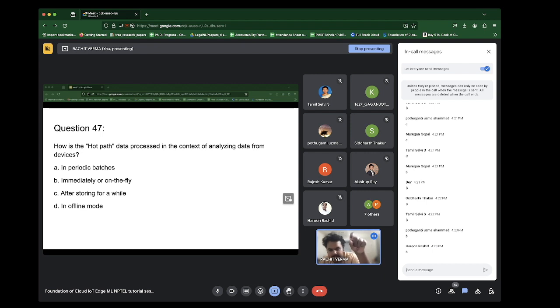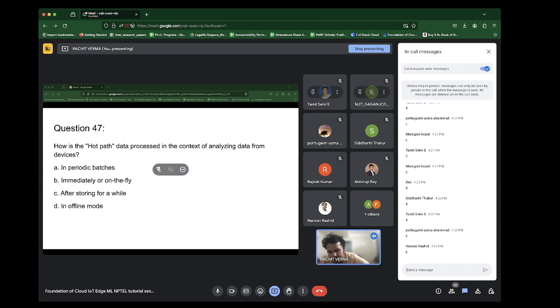Let's say you have a self-driving car moving on the road, and some pedestrian is coming. If you start doing batch processing, it will take some time for the data to accumulate, and then it will process. In that much time the car may have hit the person. So everything has to happen very fast, and you will want to do everything immediately or on the fly.